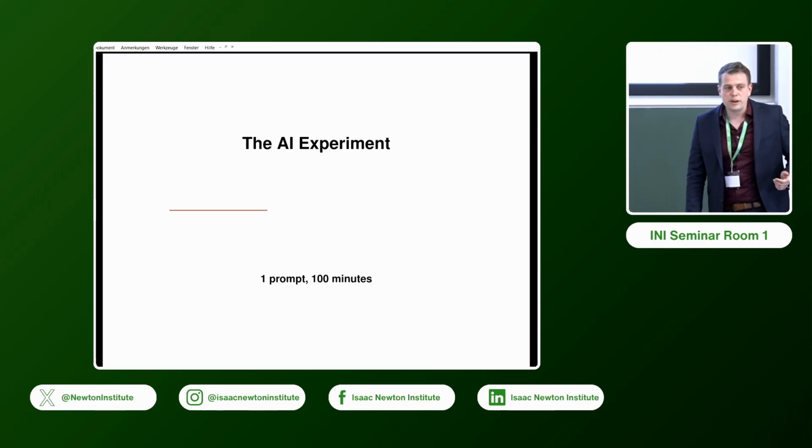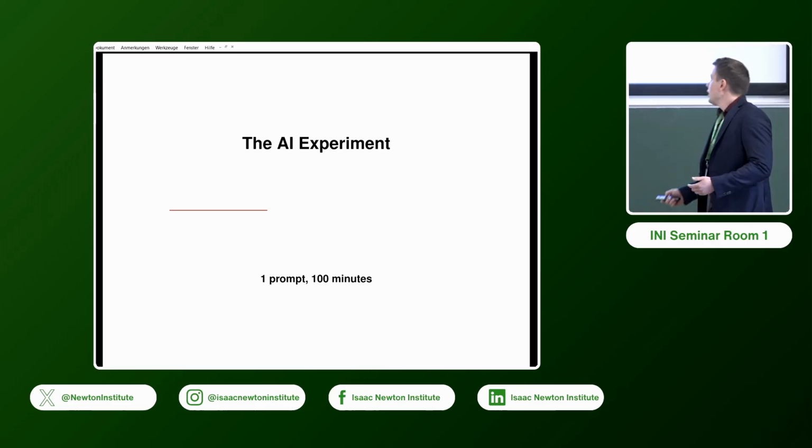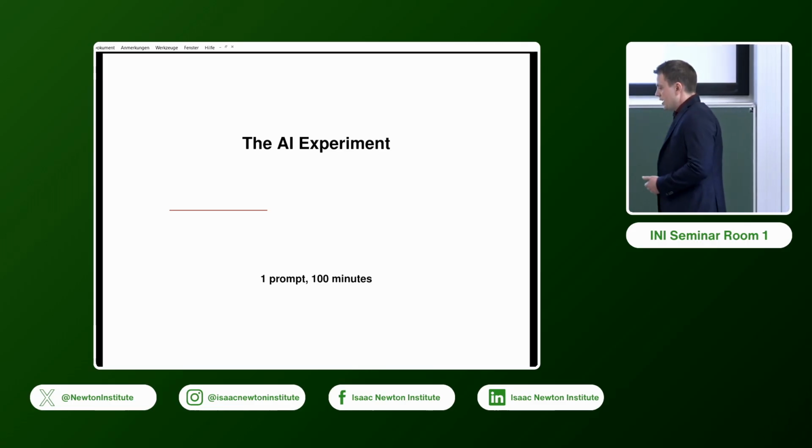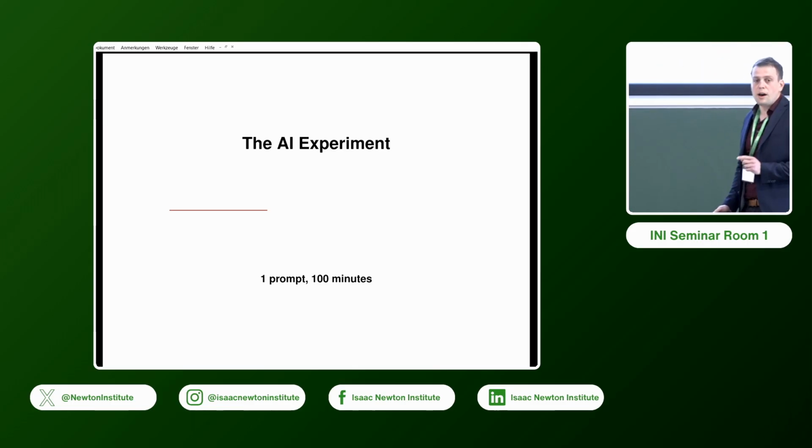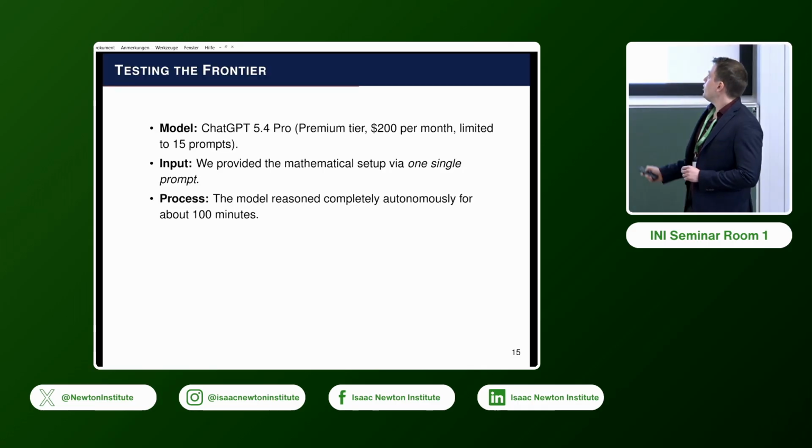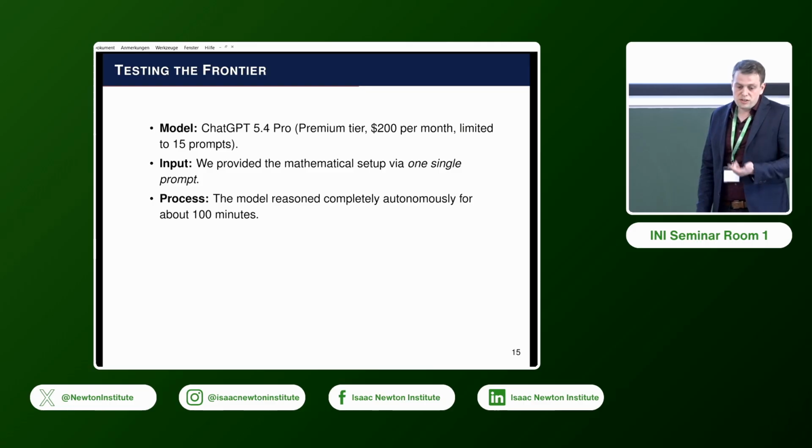That was our AI experiment. The model took 100 minutes, and we gave only one prompt. The model we used was ChatGPT 5.4 Pro, and it costs $200 per month.